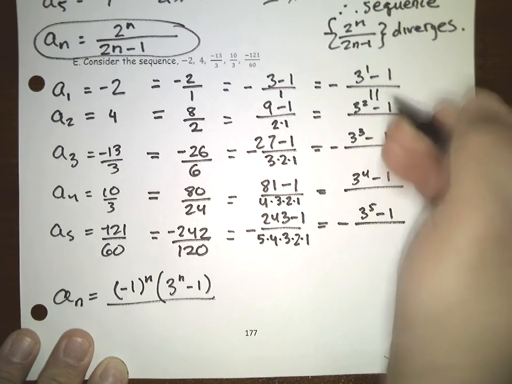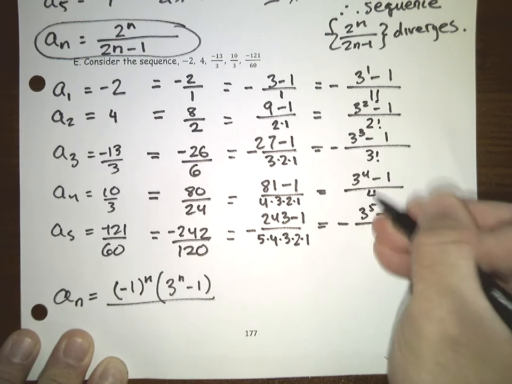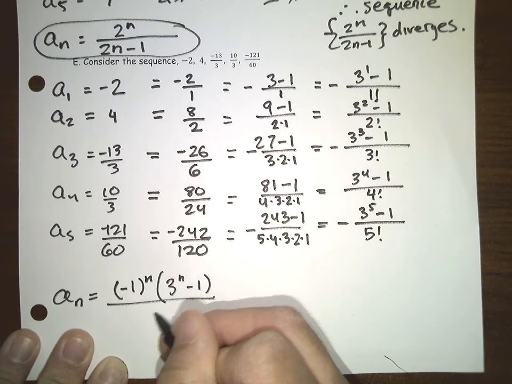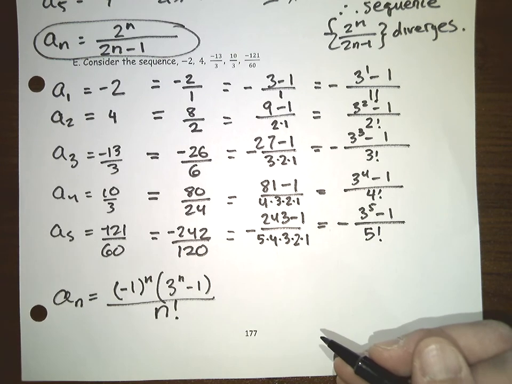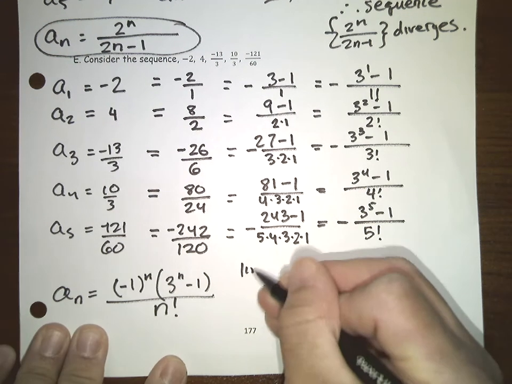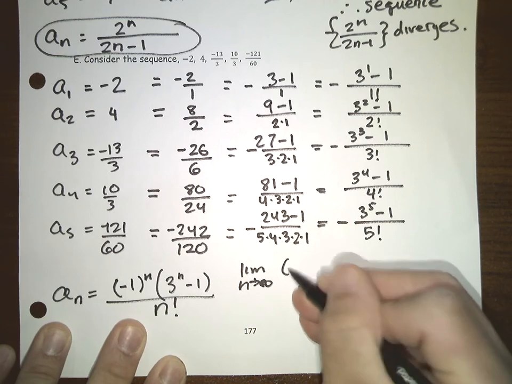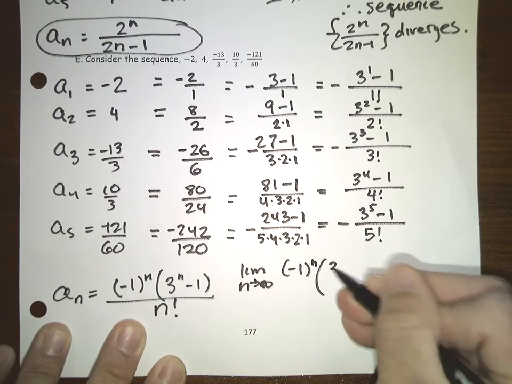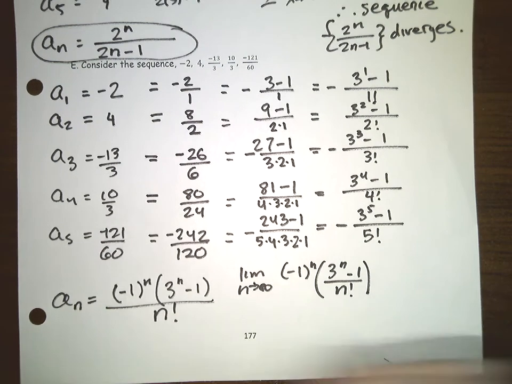So 1 factorial, 2 factorial, 3 factorial, 4 factorial, 5 factorial. So here we have n factorial. And then if I look at the limit as n goes to infinity of an, this -1 to the n, 3 to the n minus 1 over n factorial, what will this equal?